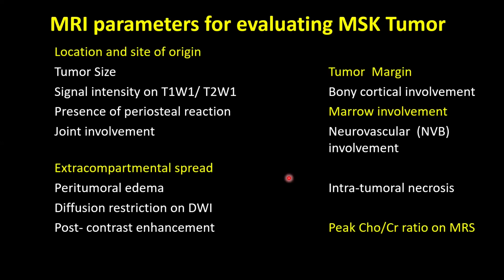As I have said, joint involvement, bone marrow involvement, any extra-compartmental extension of the tumor, neurovascular encasement, then the pattern of diffusion restriction is very important. Nowadays ADC calculations also help in differentiating various benign and malignant tumors. ADC mapping also helps to see the post-treatment response. When there is an increased ADC value after treatment, chemotherapy or radiotherapy, it reflects that the tumor is responding to the treatment.